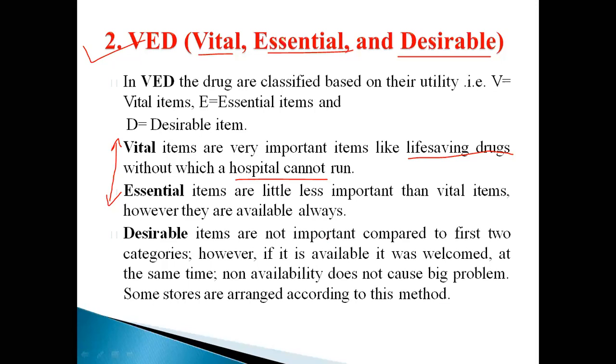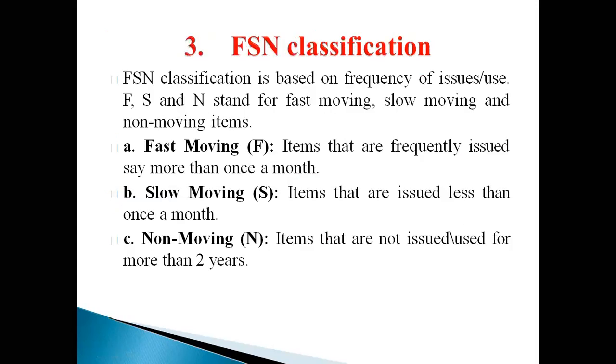But vital items should be available, because with the help of vital items the hospital runs continuously. So this analysis is called VED. On the basis of VED, vital, essential and desirable, you have to categorize the items.